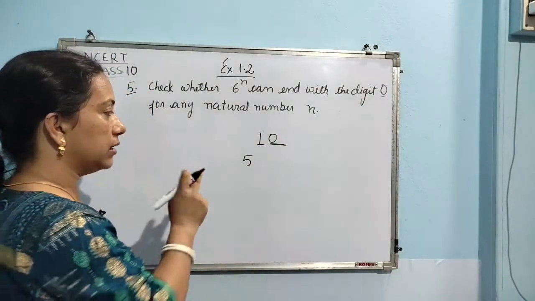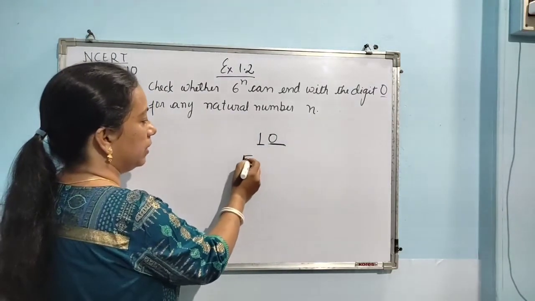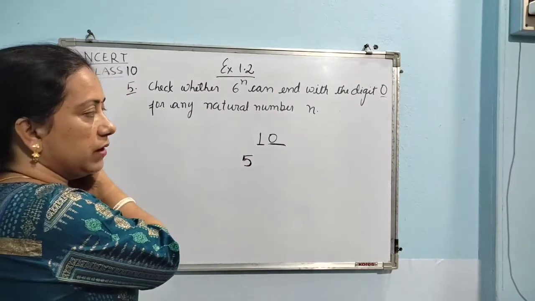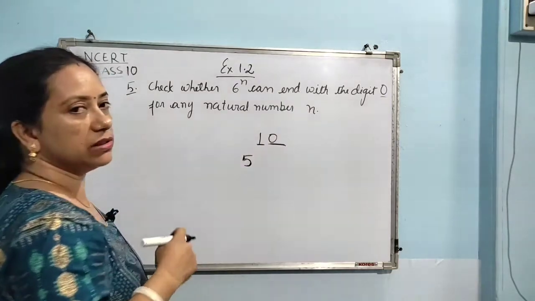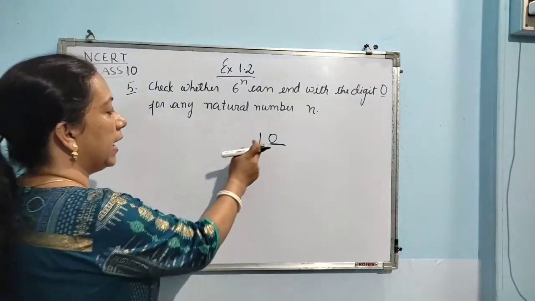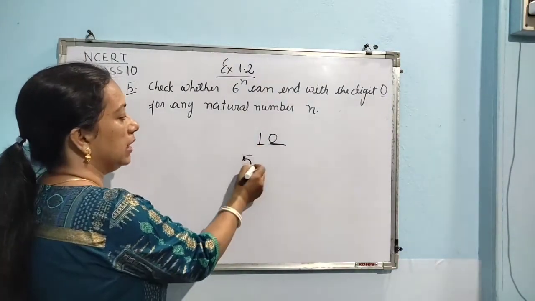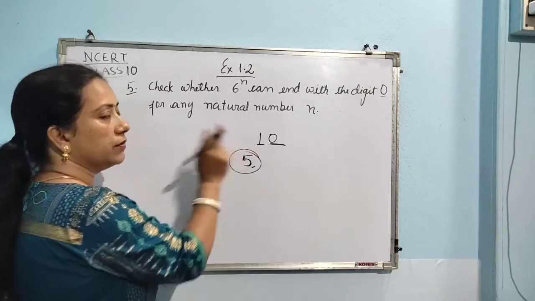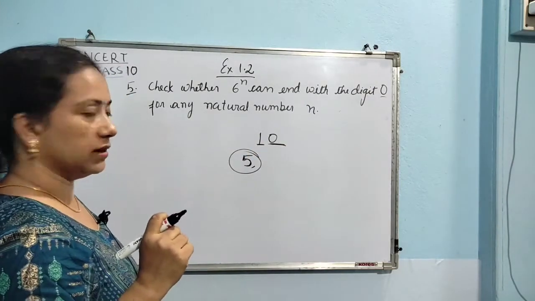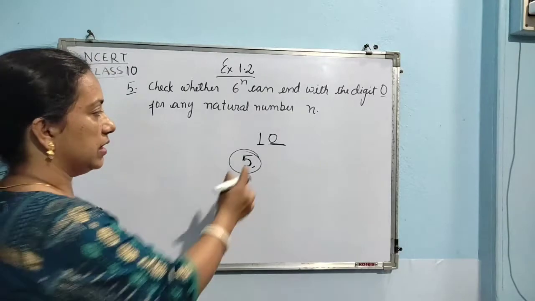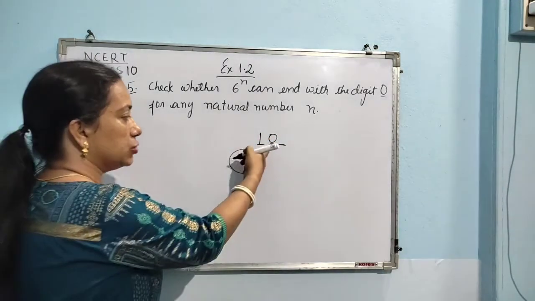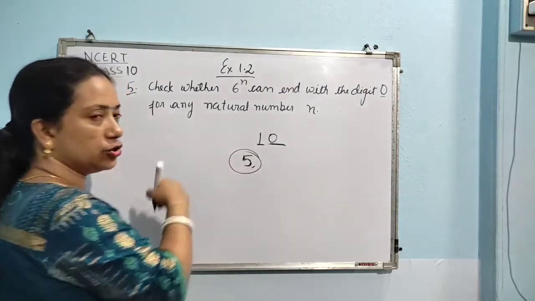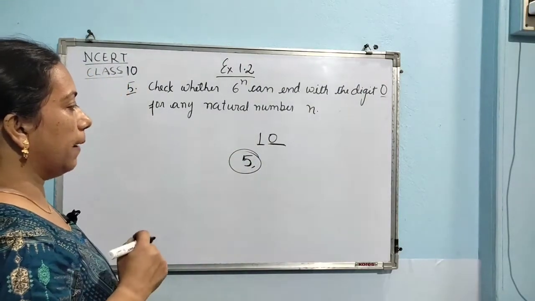At least one factor should be 5. It should be divisible by 5. If a number is ending in 0, definitely it will be divisible by 5. Now if it has to be divisible by 5, it means that it should have at least 5 as one of its factors, isn't it? Any number which has units digit 0 will be divisible by 5. It means 5 has to be a factor of this particular number.